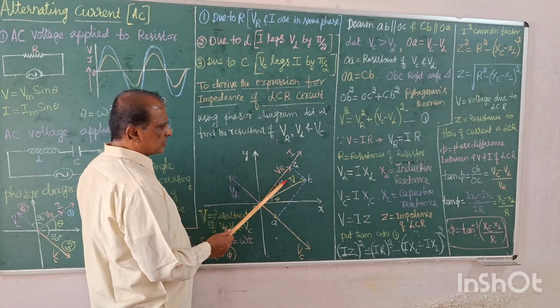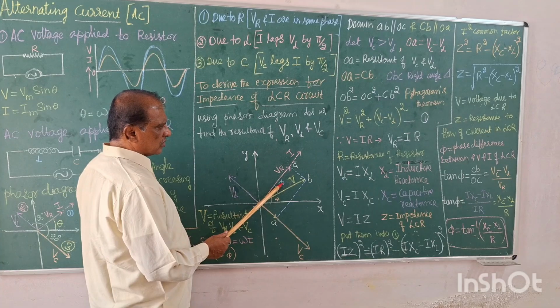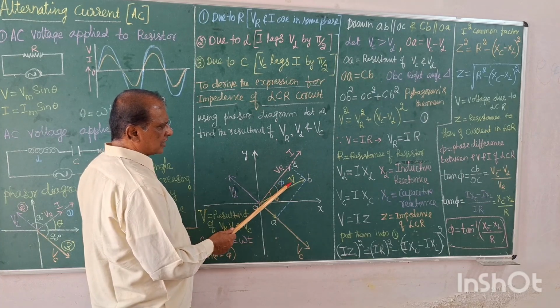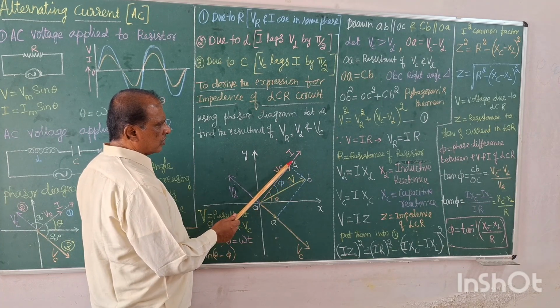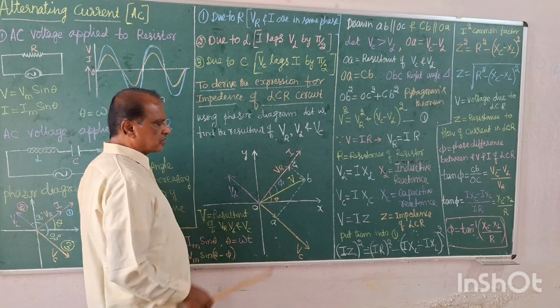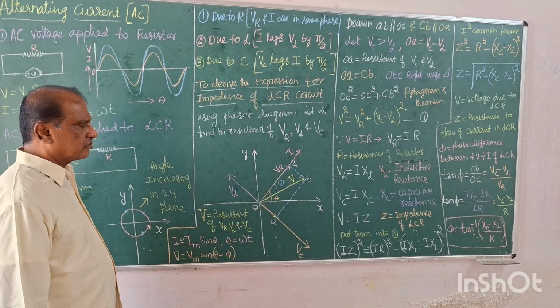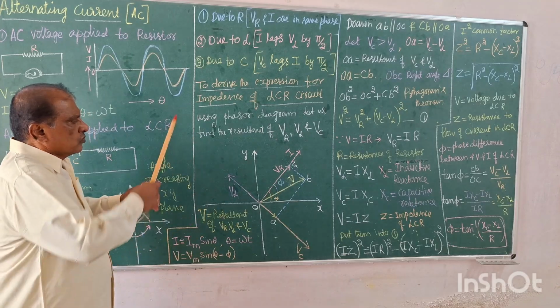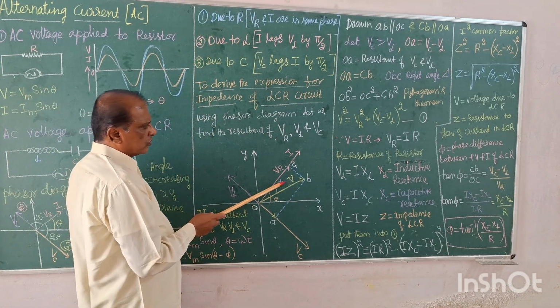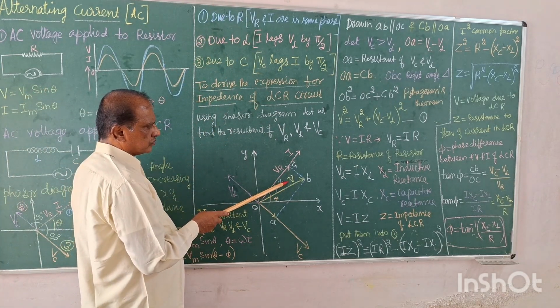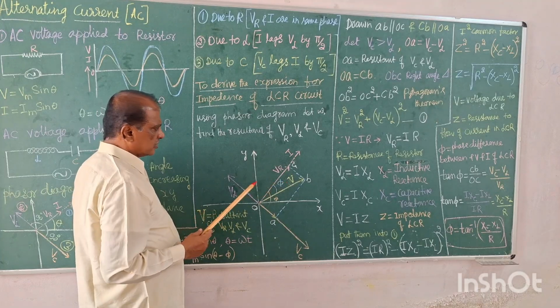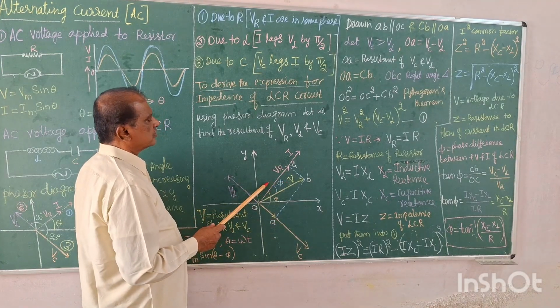The phase difference is phi, and this voltage lags behind the current, or the current leads the voltage in the LCR circuit. That we understood by this phasor diagram. Now we need to evaluate what V is. How do you find the resultant of these three vectors?